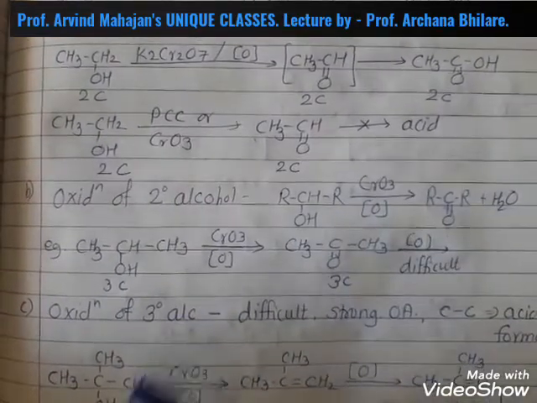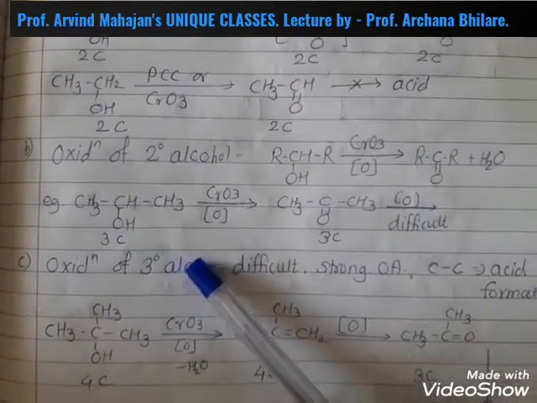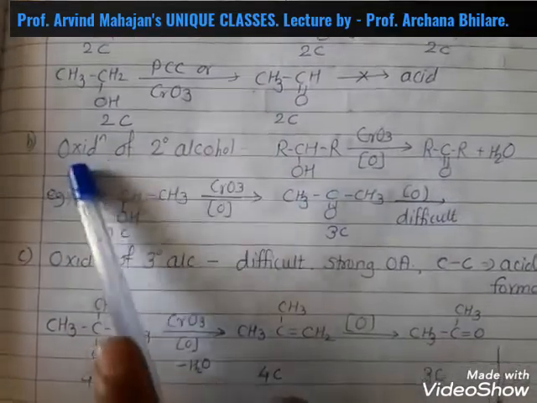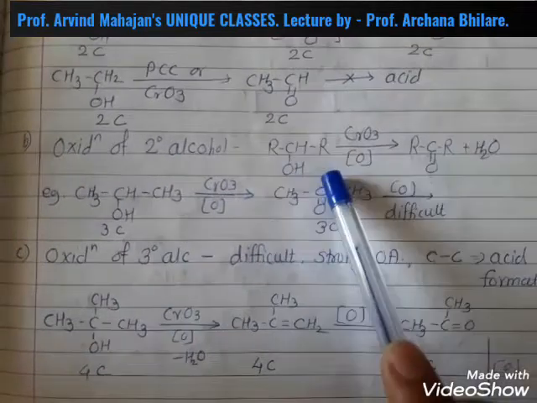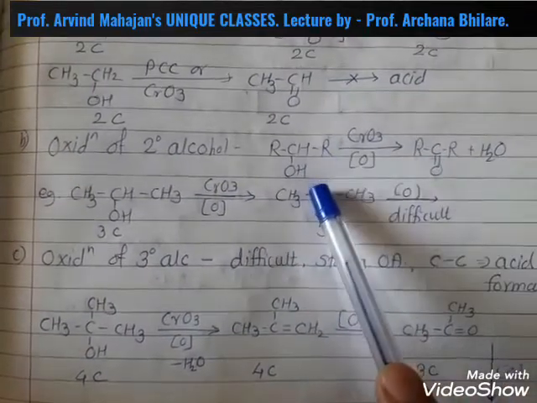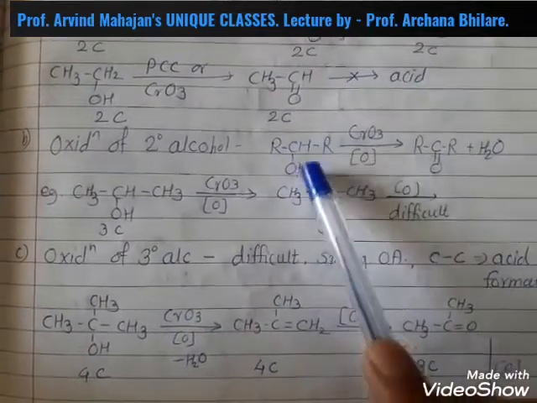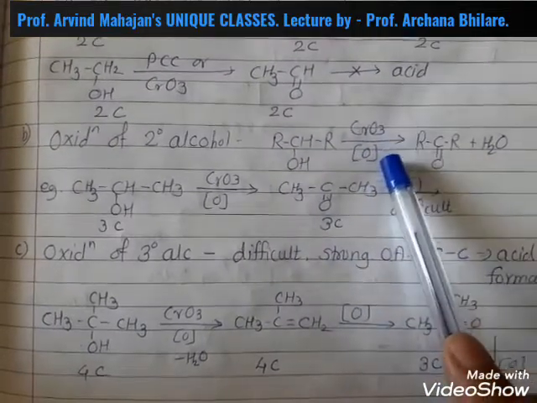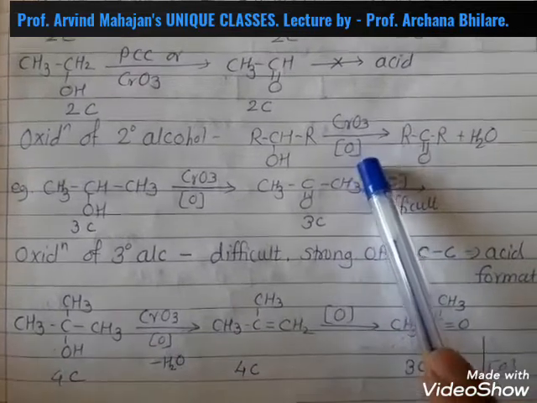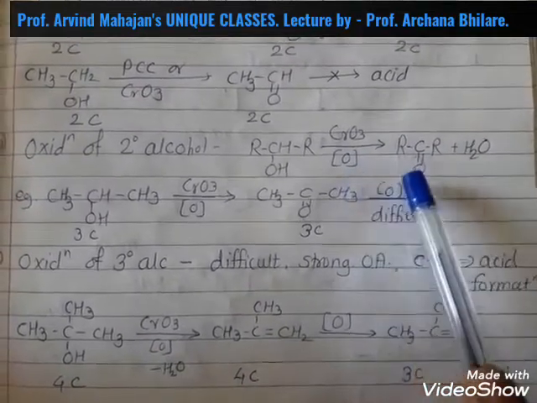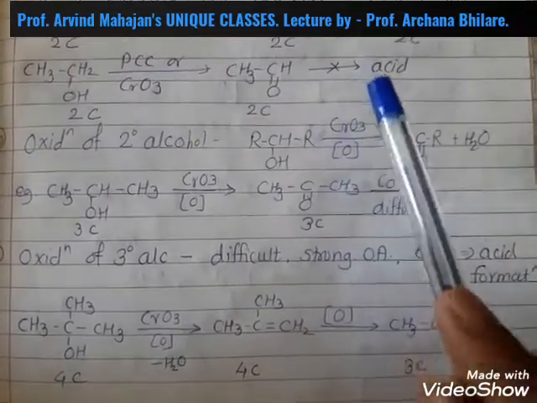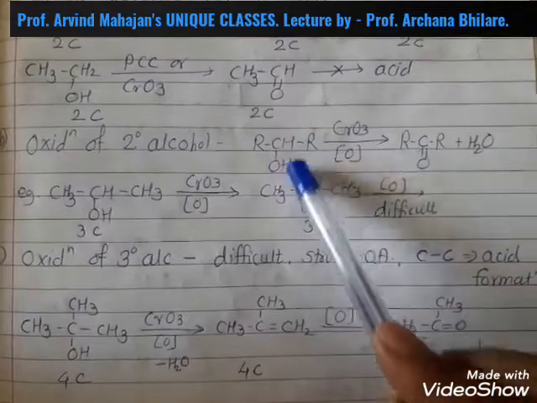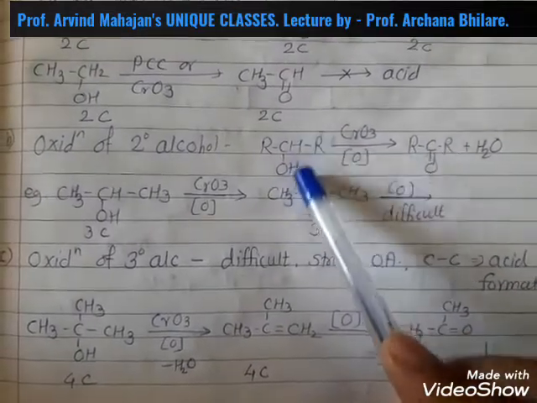Now, oxidation of secondary alcohol. What happens in case of secondary alcohol? So, secondary alcohol functional group is CHOH group. R, CHOH, R reacts with CrO3, chromic anhydride. It is oxidized and what do we get? Again like the previous case, in the first step there is removal of hydrogen from the functional group.